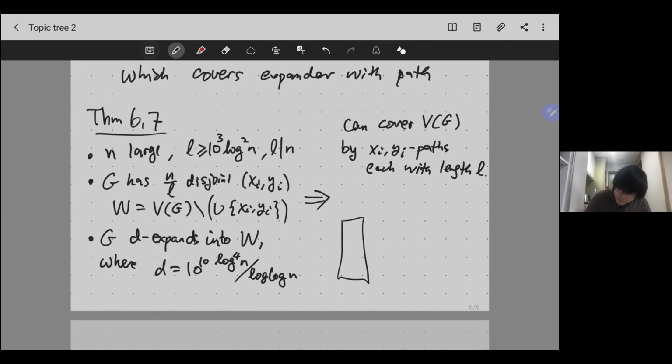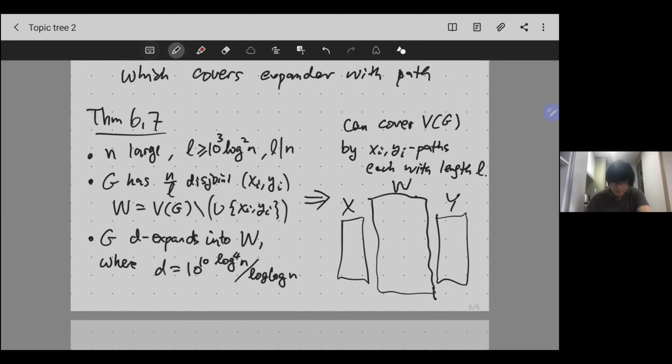We have x and y, and the remaining is our W. So there are n over L of them. Then if you want to connect them, every pair gets a path of length L minus 1 or L plus 1. The length and the order differ by 1, whatever, something like that.